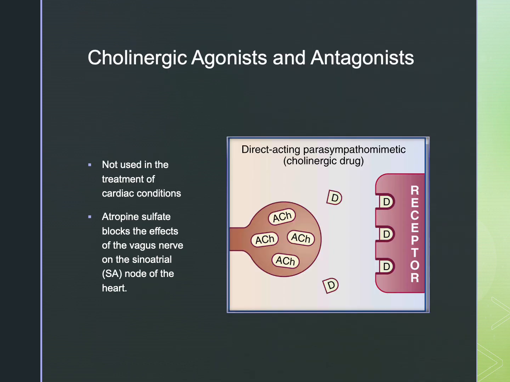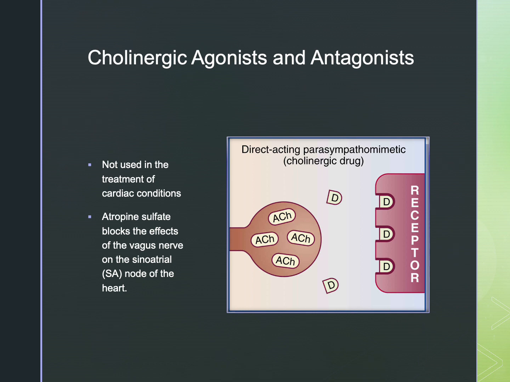Cholinergic agonists are called parasympathomimetics, and cholinergic antagonists are referred to as anticholinergics. Now, cholinergic agonists mimic the effects of acetylcholine. Cholinergic agonists are not utilized in the treatment of cardiac conditions. Some examples include pilocarpine, which is used to treat glaucoma, and neostigmine, which is a reversal agent for non-depolarizing muscle relaxants.